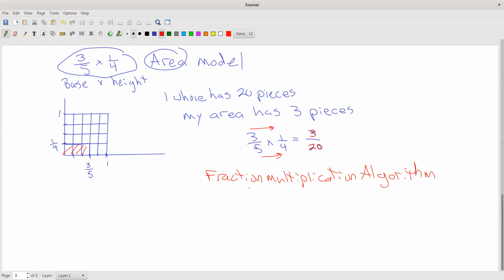And the steps seem to be multiply the numerators to get the new numerator. And multiply the denominators to get the new denominator.